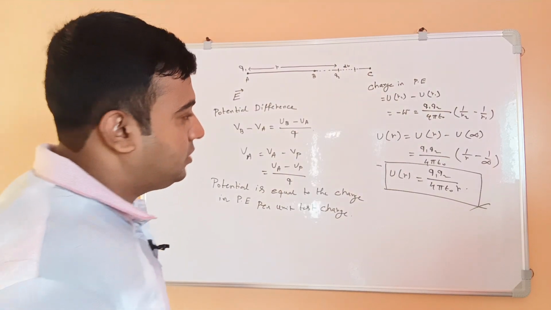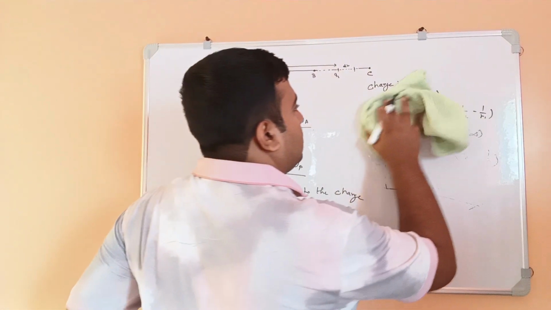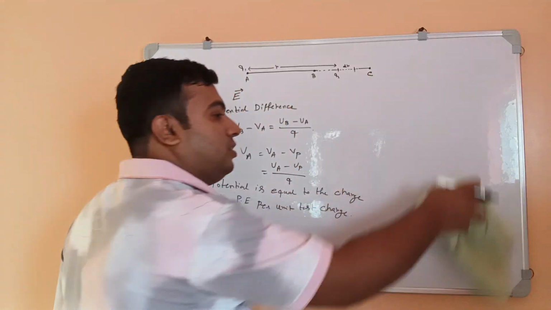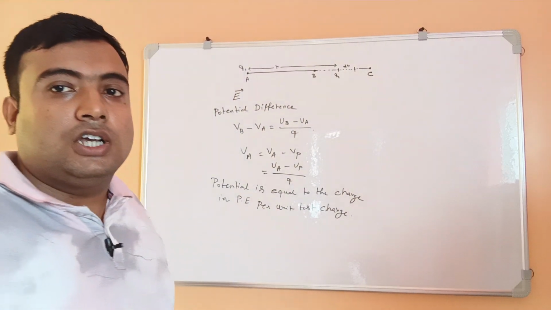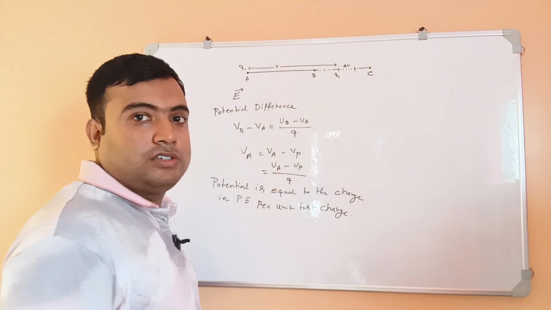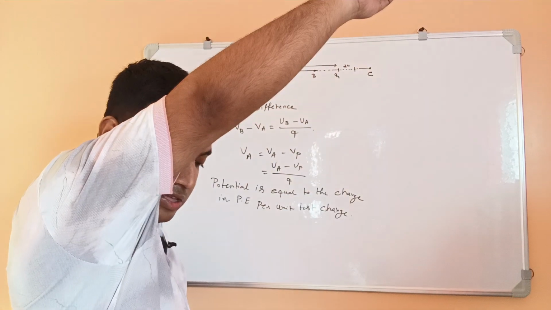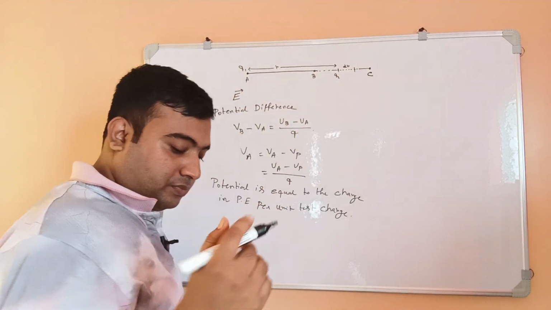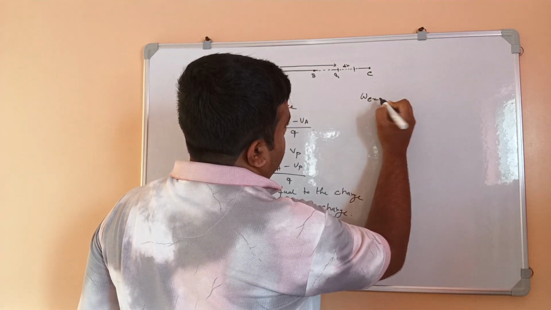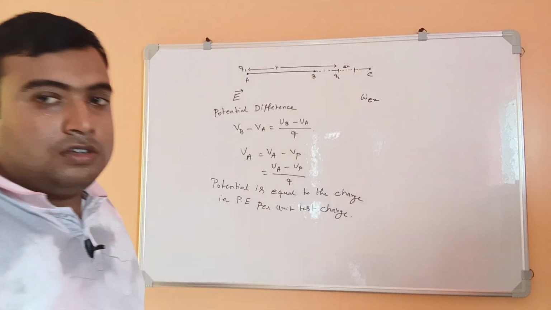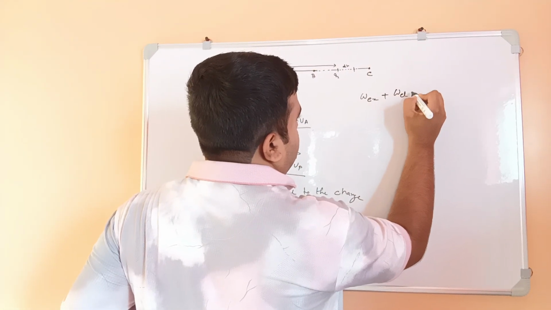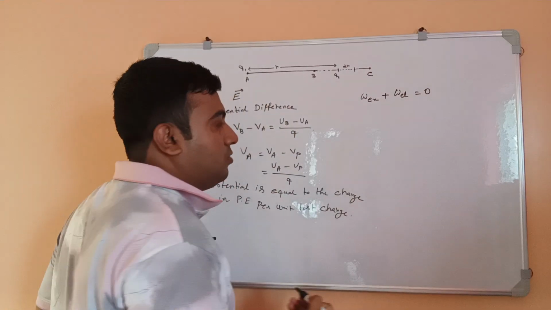Suppose the test charge is moved along the electric field without changing its kinetic energy. So the kinetic energy is not changed. According to the work energy theorem, the work done by the external agent plus the work done by the electric force should be 0.